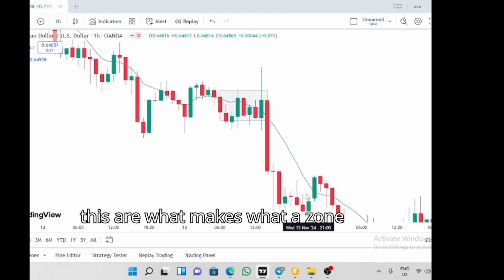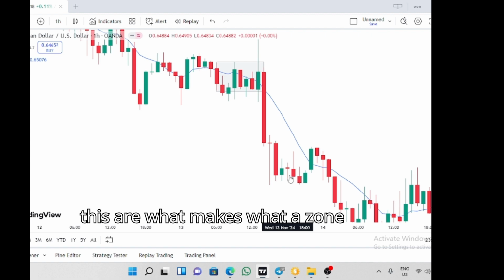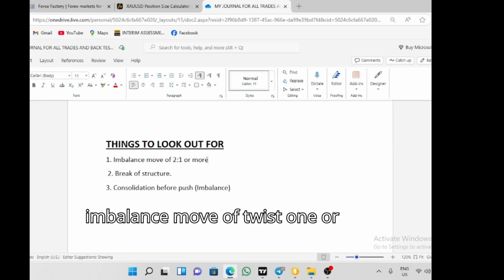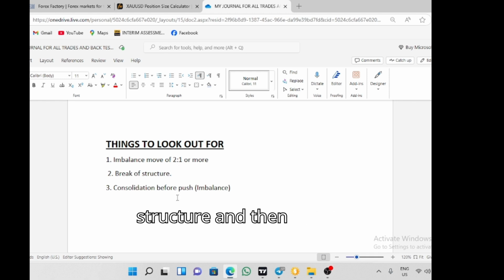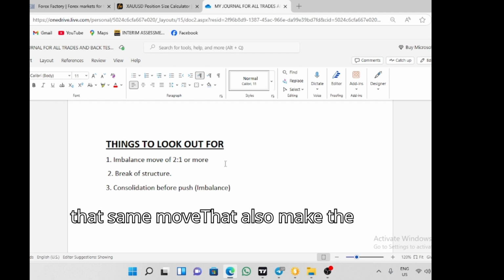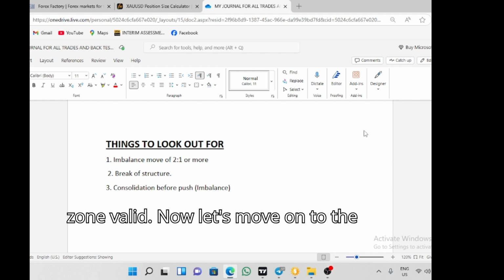So these are what make a zone valid: an imbalanced move of 2:1 or more, that moves to break structure, and then when we have the consolidation before that same move, that also makes the zone valid.